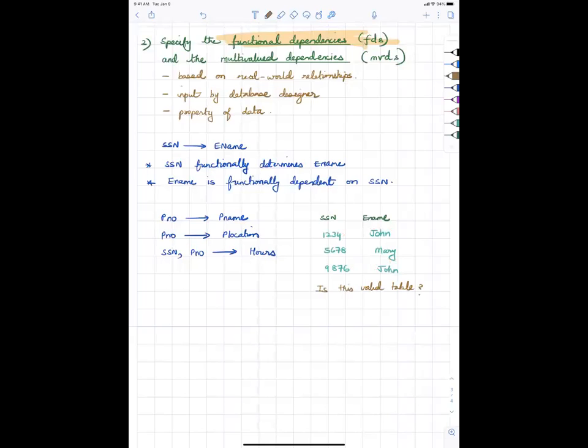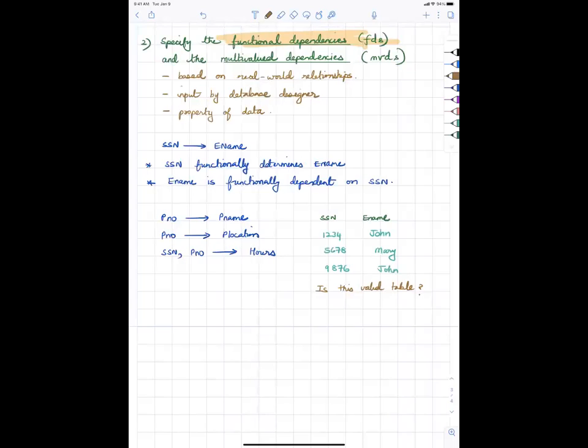Yeah, but you have John twice, right? So why do you think your answer is correct? By the way, it is. This table is valid. My question is, I do have John appearing twice out there. Is that violating this SSN determines e-name?